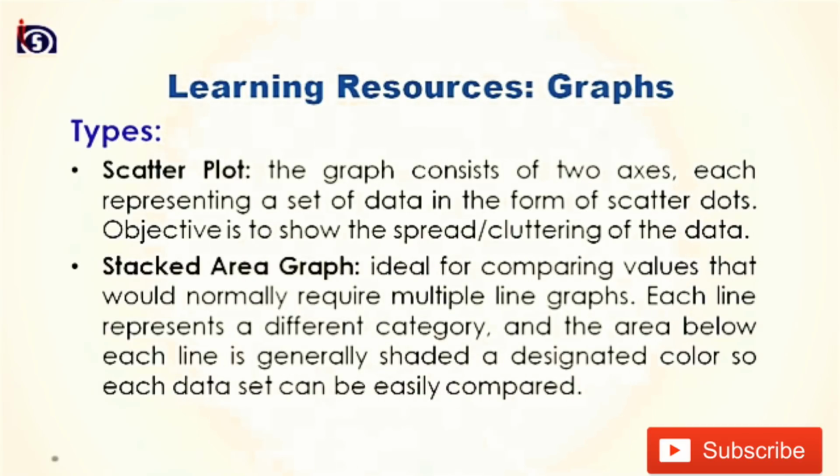As we move on, I would exemplify the pictures of each of the graphs. Then we are having stacked area graphs. Stacked area graphs are ideal for comparing values that would normally require multiple line graphs. Each line represents a different category, and the area below each line is generally shaded a designated color, so each data set can be easily compared.